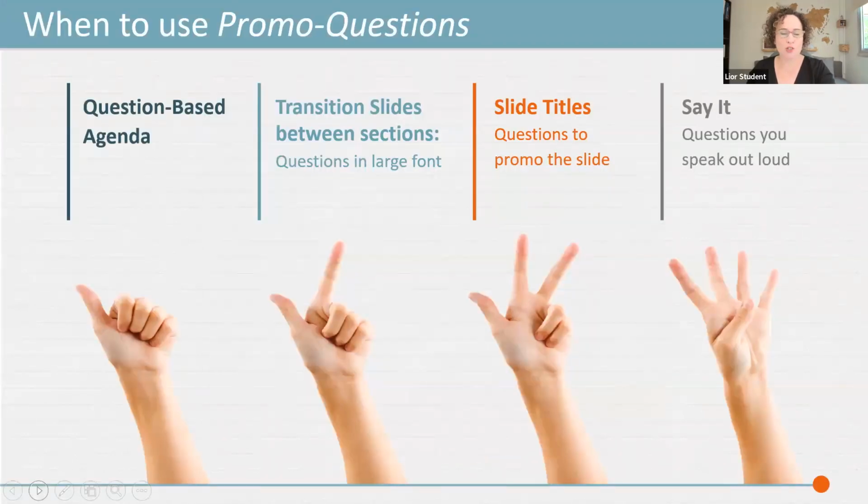So first, of course, there's the question-based agenda that comes first, right? Even before your discovery slide. You're going to use the same questions as transition slides, those bumper slides between sections with the questions in large font. You can use these questions, these promo questions, as slide titles.